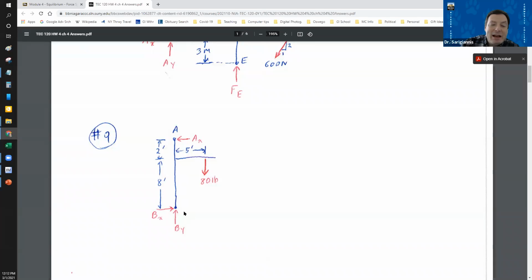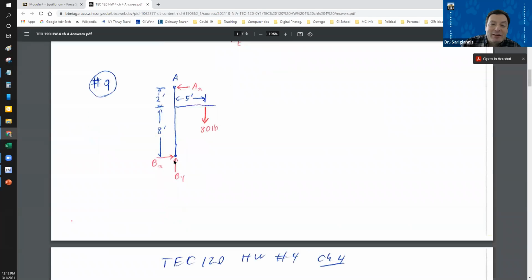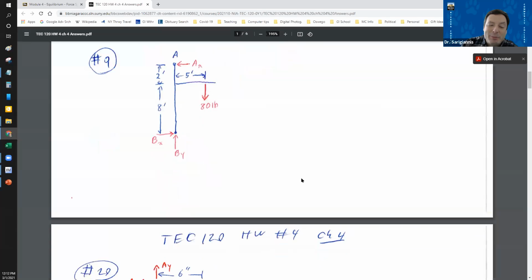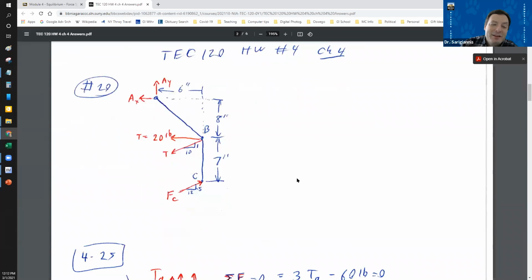Notice at B, I've got a y component and an x component. And then obviously the external force is 80 pounds downward. And then A x is an x component. There's no y component on A. So that was really the only thing that confused people that knew what they're doing.